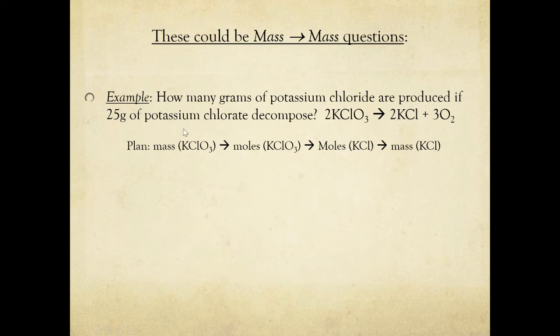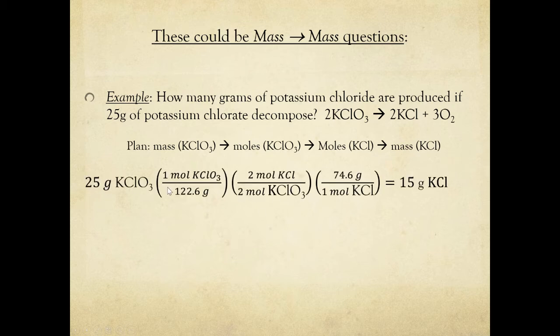Start with what I have, divide by the molar mass, then go moles to moles, and then to grams. So 25 grams of potassium chlorate, divided by the molar mass, times 2 over 2, times 74.6 grams over 1 mole.